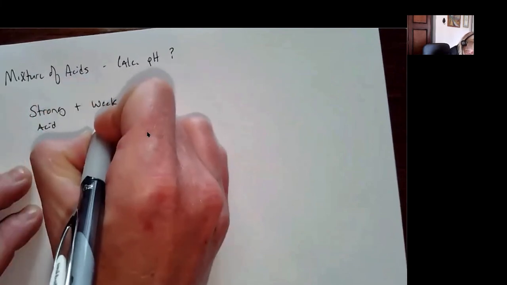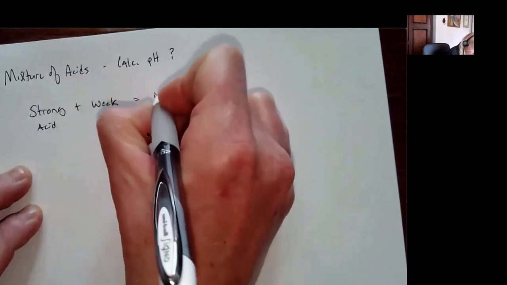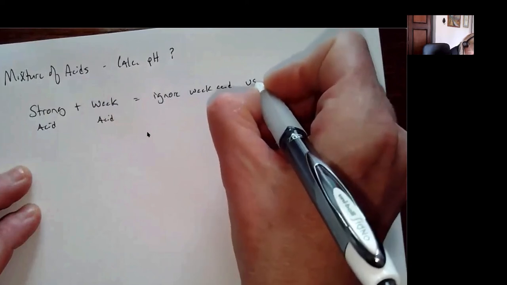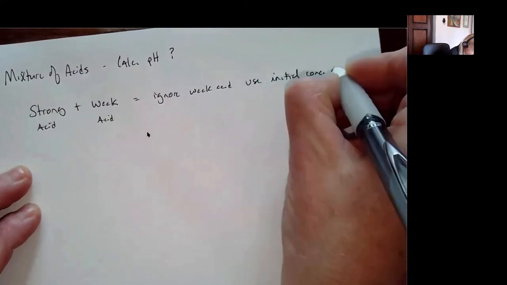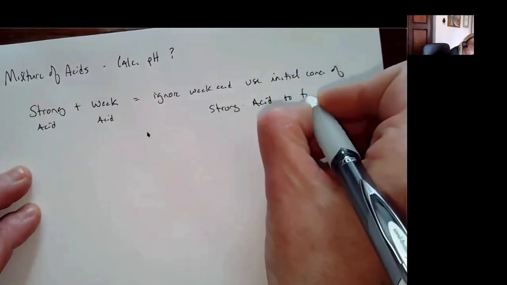So the one last thing I want to cover is what happens when I have a polyprotic acid or a mixture of acids, and I want to calculate the pH. If I have a strong acid plus a weak acid, then I can ignore the weak acid and use the initial concentration of the strong acid to find pH.